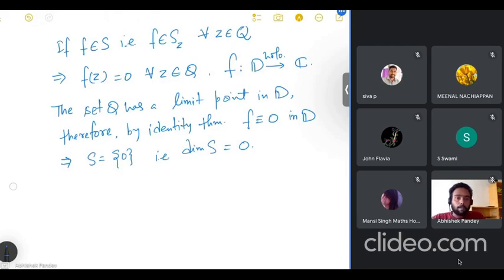So is it clear? Any doubt, anyone? Is it clear to everyone?